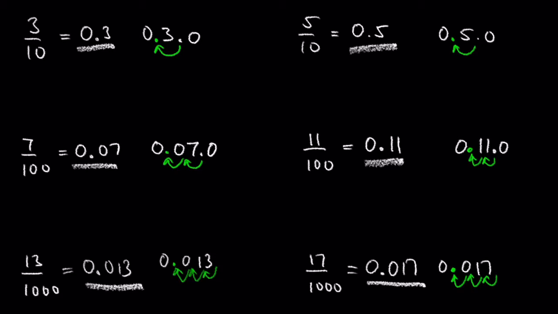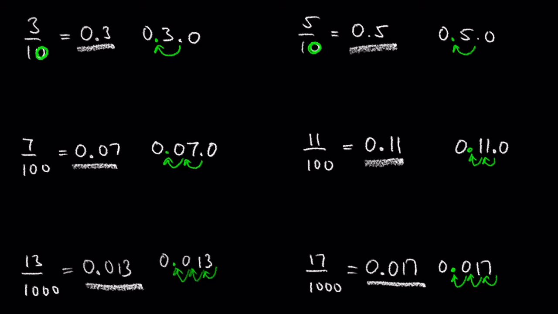Let's recap. We divided by 10, by 100, and by 1000, and then shifted the decimal point of the numerator 1, 2, and 3 places to the left. Do you see a pattern here? When the denominator was 10, which has 1 zero, we shifted the decimal point of the numerator one place to the left.